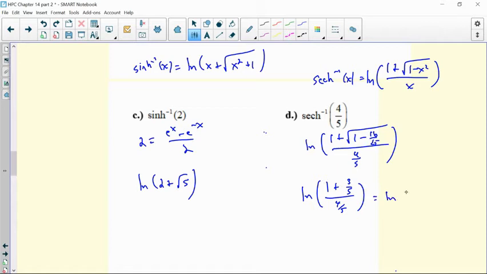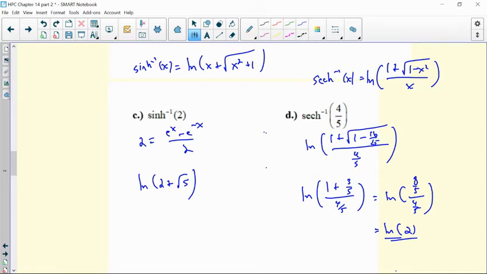So now we get the natural log of 8/5 divided by 4/5, which is really nice because the fifths cancel. So we get the natural log of 8/4, which is equal to 2. It's kind of a cool little problem. And like I said, I'm not really requiring you to memorize the derivation of the inverses. Maybe I'll put that in as a supplemental video as well.